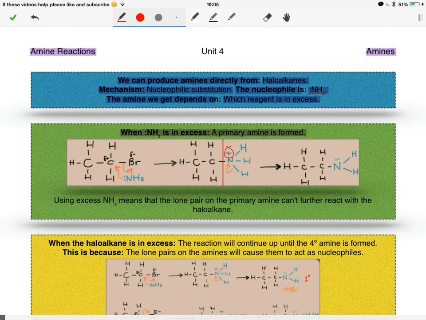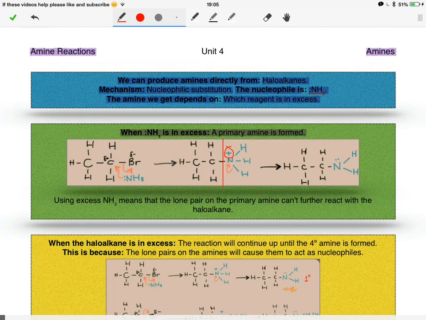So what it does is one of the hydrogen atoms, I chose this one to be the kind person to donate, loses its electrons, which go back into the nitrogen, releasing this hydrogen. This will form HBr, because obviously before we had the bromide ion, so the bromide ion will react with the H+, forming HBr.